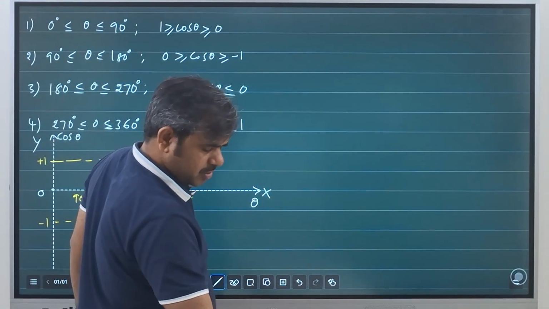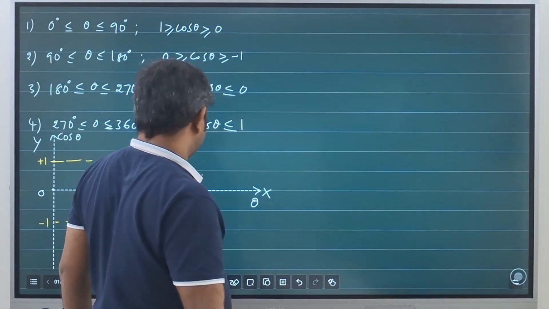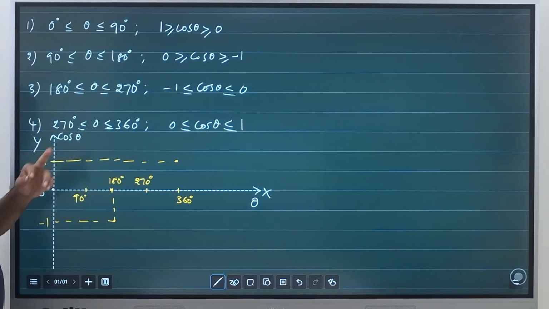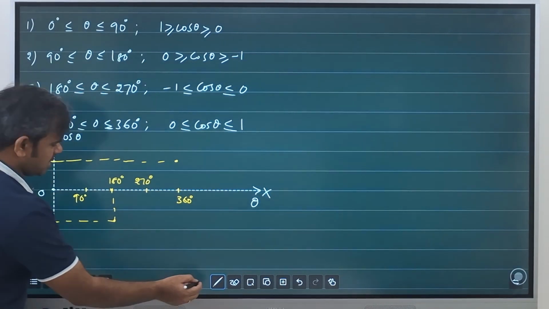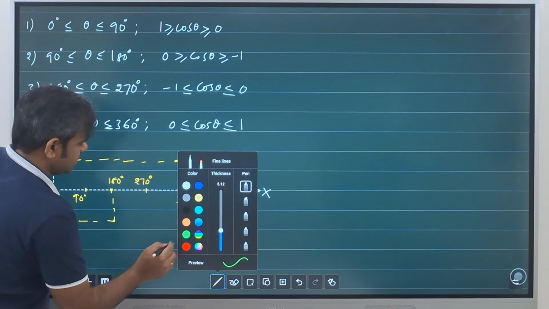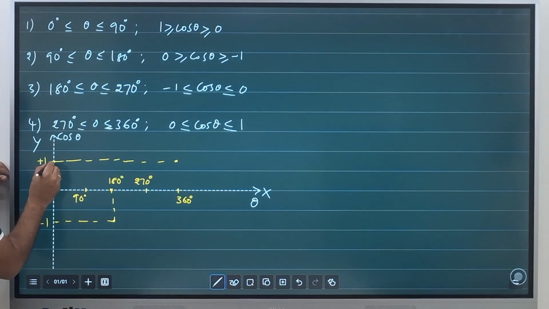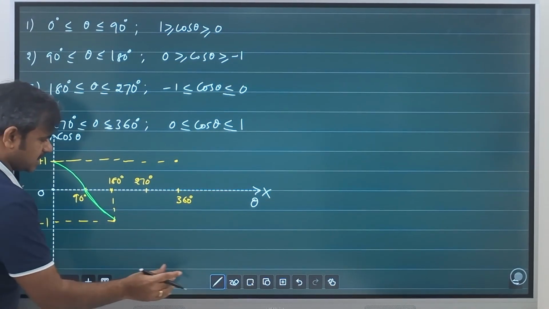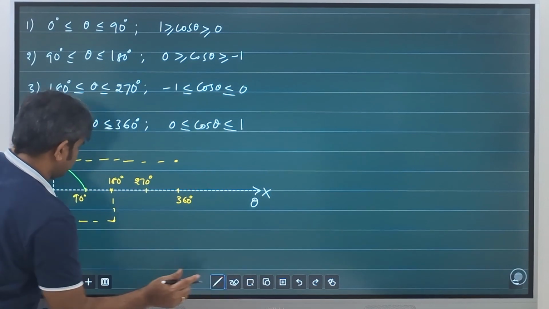Alright, now let's look at the behavior of cos theta between these angles. What is happening from 0 degrees to 90 degrees? Cos theta is decreasing from +1 to 0. From 90 degrees to 180 degrees, cos theta further decreases from 0 to -1.